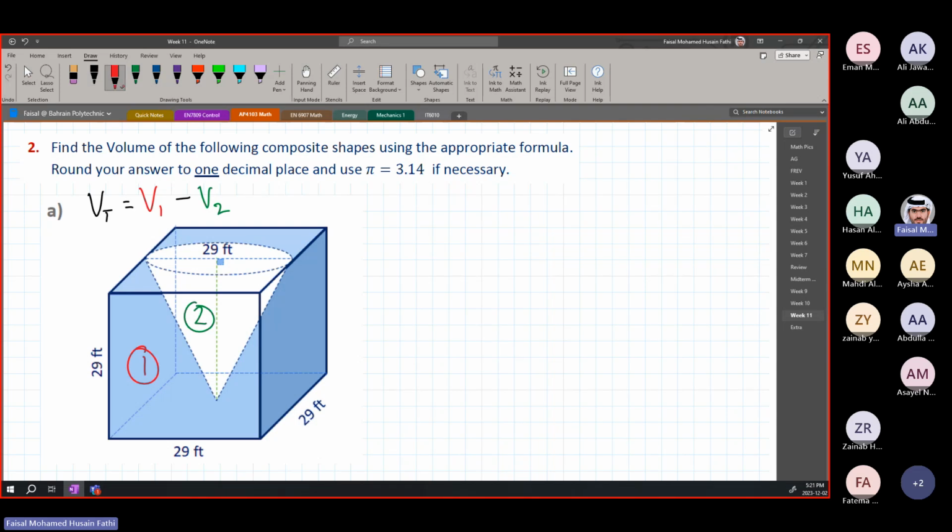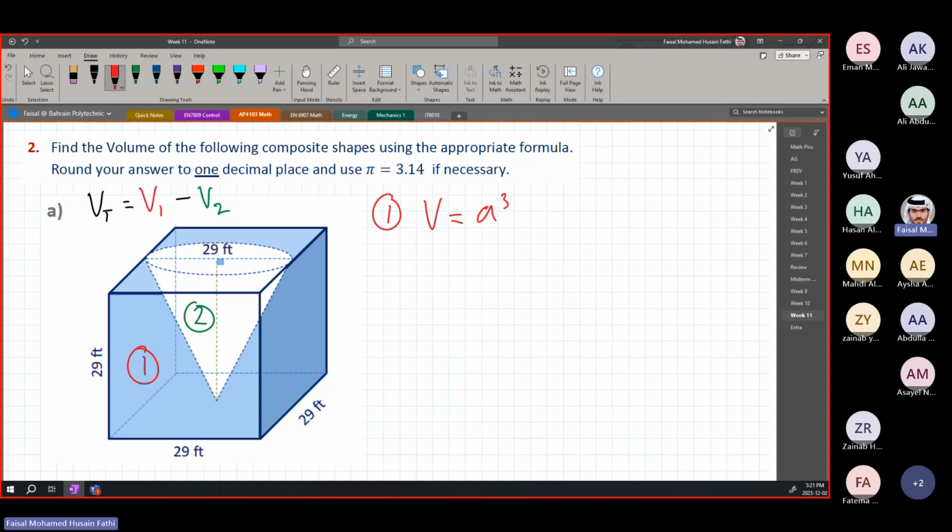So V total eventually will be V1 minus V2. Let's start solving. 1, it's the cube. Or is it a cube? It is a cube. 29 feet, 29 feet, 29 feet. So they're all equal in size. For a cube, it's super easy. For a cube, the volume is just simply the side cubed.